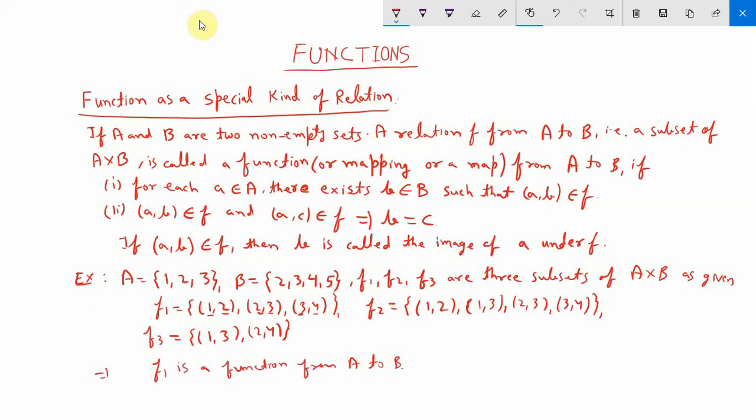If we see F2, we can see (1, 2) and (1, 3). So 1 is an element of A, but 1 has two images in set B, 2 and 3. But as we know by definition of a function, no element of set A should have two images in set B. So F2 is not a function.